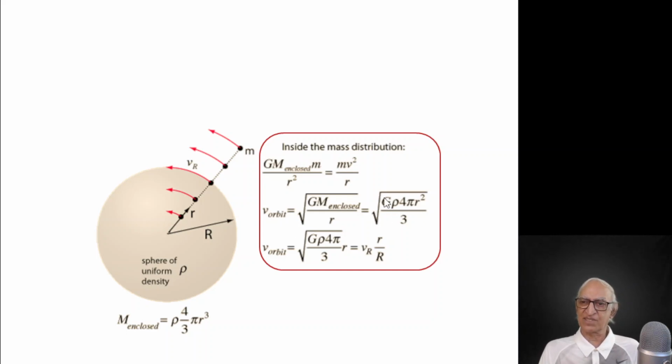You remember this is from Kepler's laws. So the orbital velocity will be equal to this thing in the square root multiplied by small r divided by capital R, where capital R is the radius of the mass distribution and small r is the distance at which you are from the center of the mass distribution.